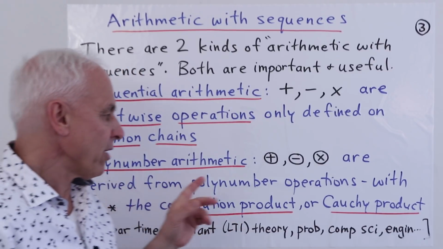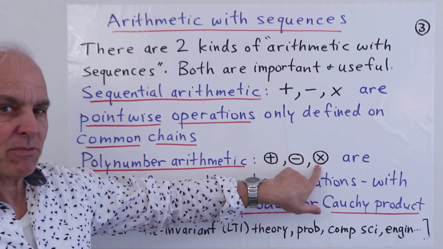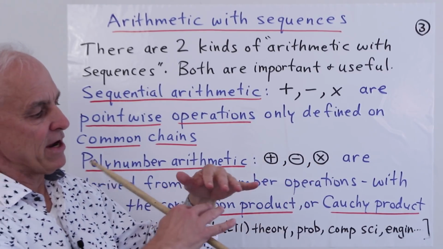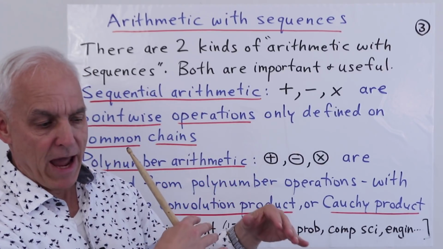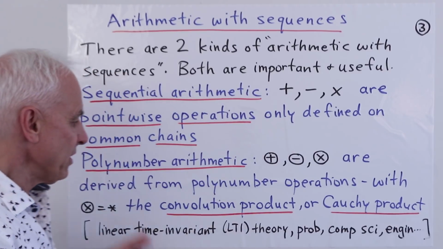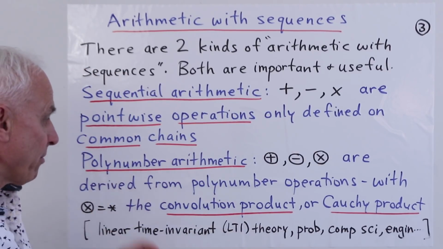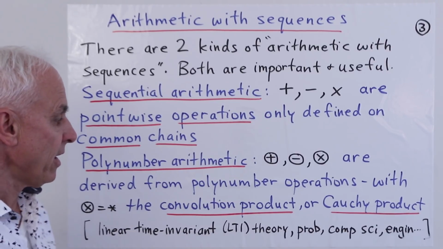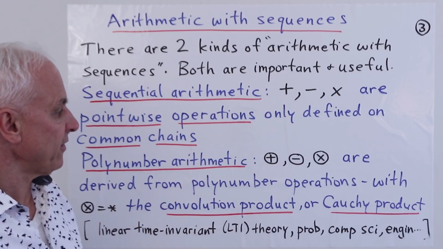Although they are somewhat pointwise, the Cauchy product is not pointwise. Also these operations are defined even when the two sequences are not overlapping. So there's a distinction here, but both are important. In particular, polynumber arithmetic is important in linear time invariant theory, and has lots of other applications. So we do want to ultimately consider both of them.